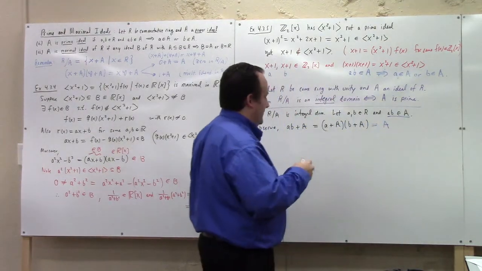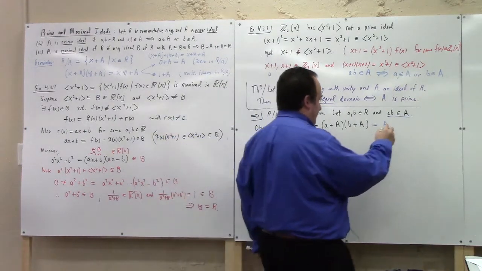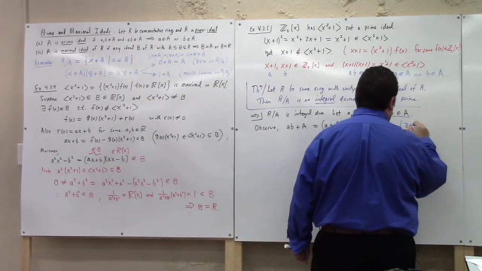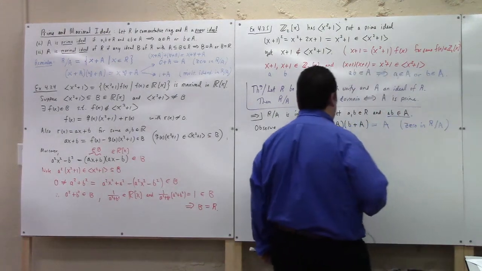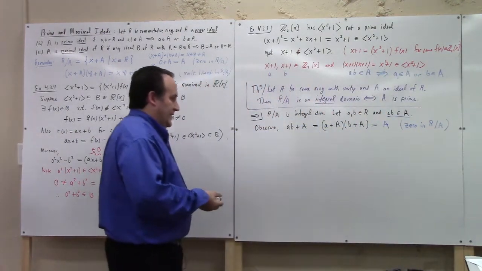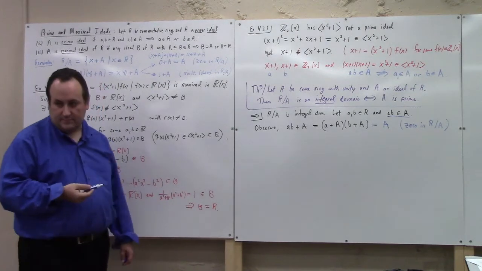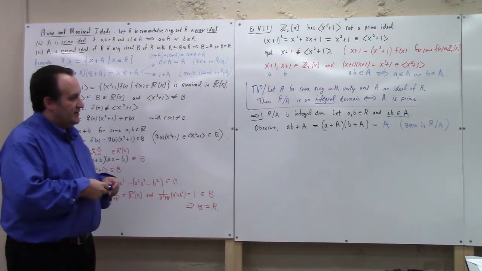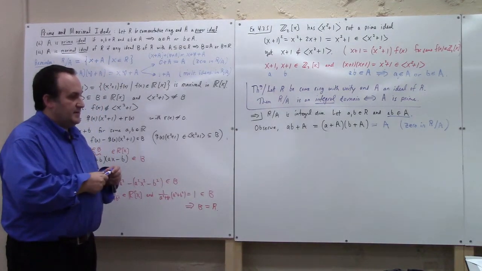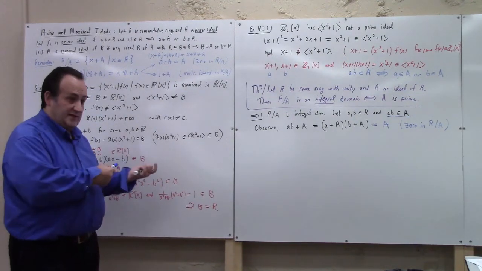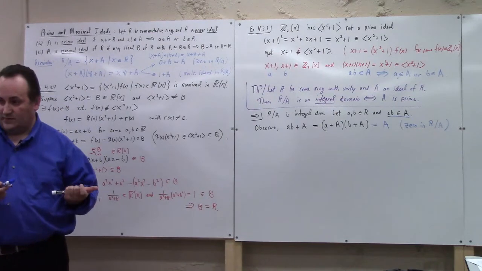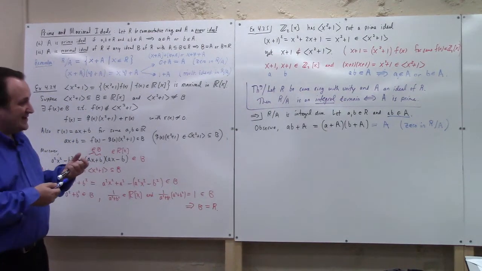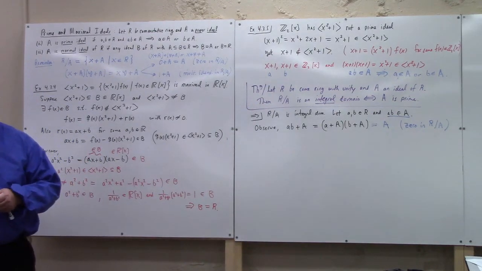So this is the zero in R/A. That's 0 in R/A. But we also have the product of two things in the factor ring equal to 0. But the factor ring here we're assuming is an integral domain.